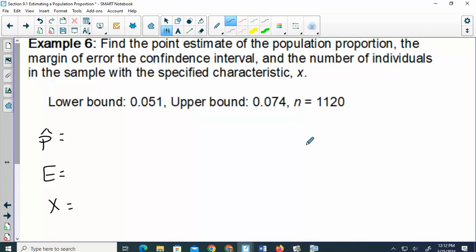I have given you the results, the upper and lower bound. We know that when we do this, our lower bound was 0.051, the upper bound is 0.074. The middle, we build all of this around our p hat value. How do you find the middle of those?